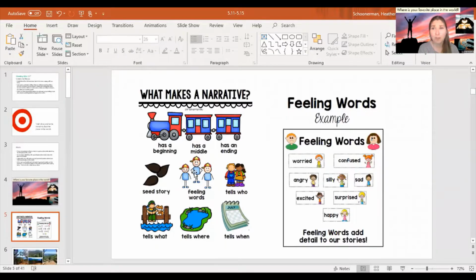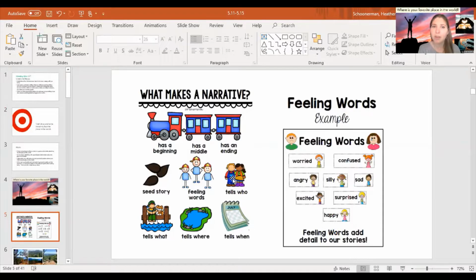We also want to use feelings words. Those are really helpful to add details to our story. So in our stories, were we feeling worried or confused, angry, silly, sad, excited, surprised, happy? Those are all different feelings. But when we're writing a personal narrative, it's something that happened to us, so how did we feel when it happened?